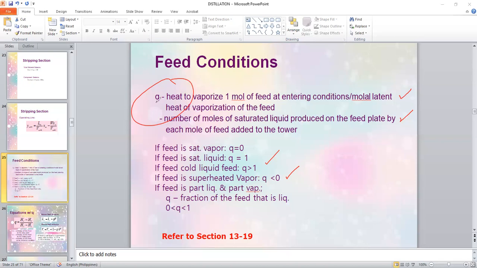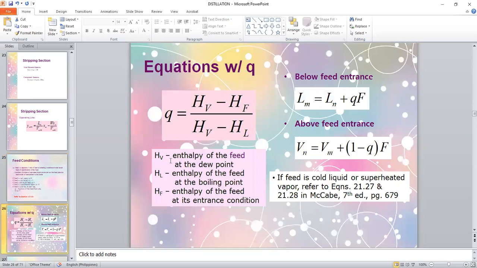Okay, now in relation to this definition of the Q based on the heat vaporized per mole of liquid entering the column divided by the molar latent heat of vaporization of that feed, this is the formula that you will use as provided by Gian because that is his definition. So the Q is equal to the ratio of these two differences.